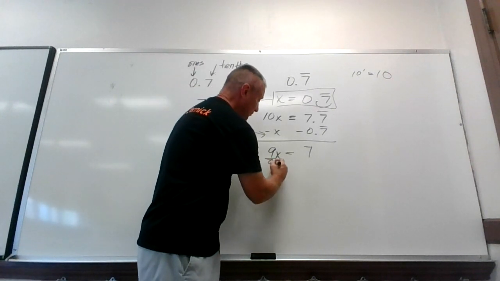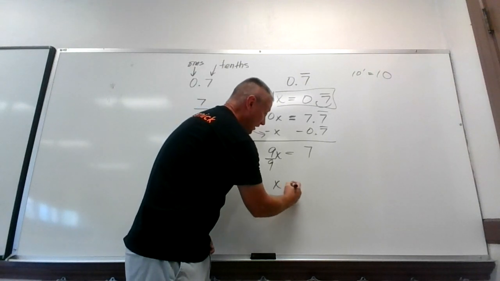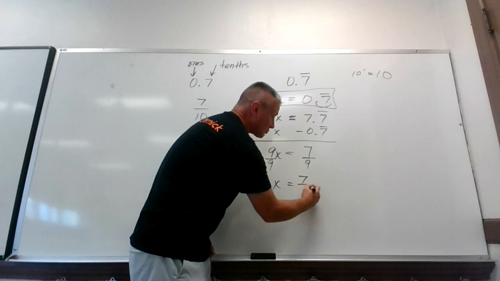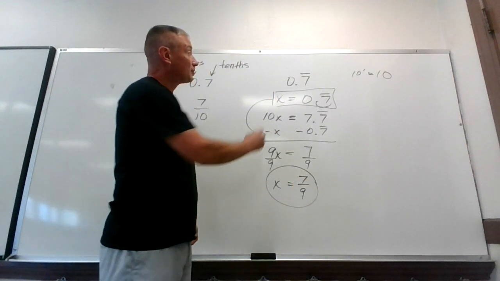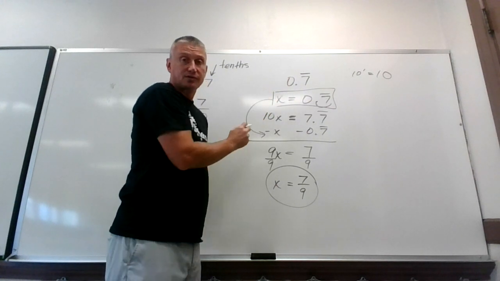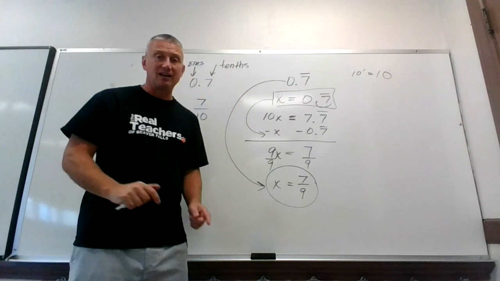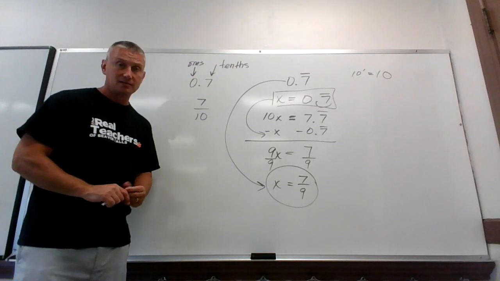If you divide this side by 9, then it just leaves you with 1x. And if you divide this side by 9, we are left with the fraction 7/9. So this decimal, 0.7 repeating, simply turns into 7/9, where this decimal turned into 7/10.